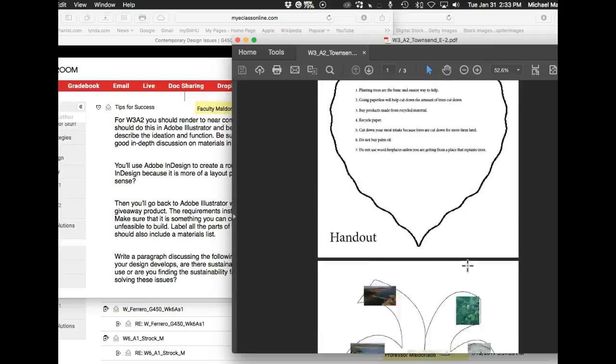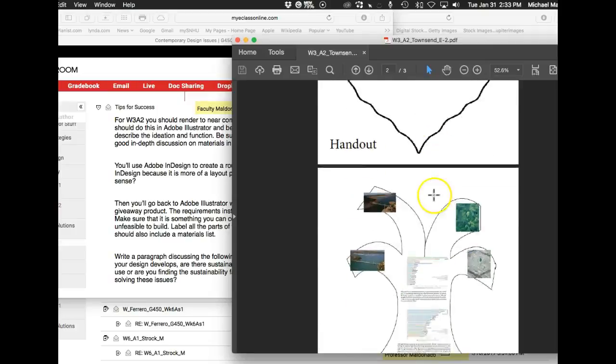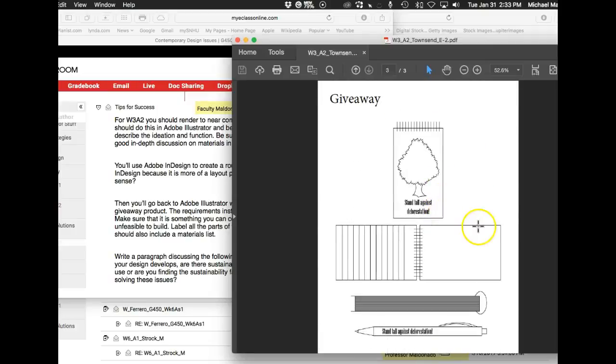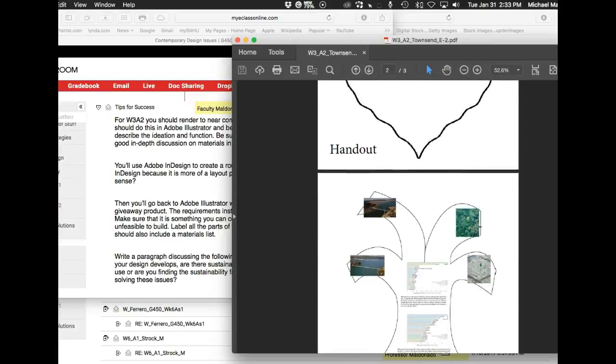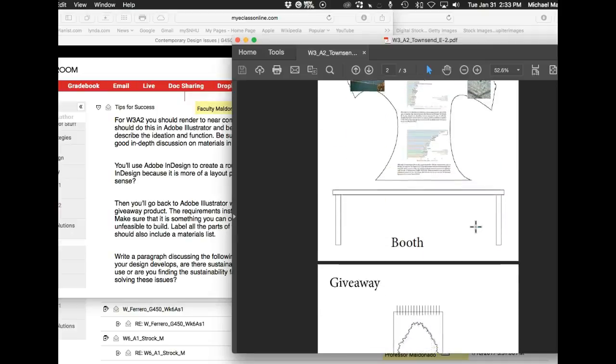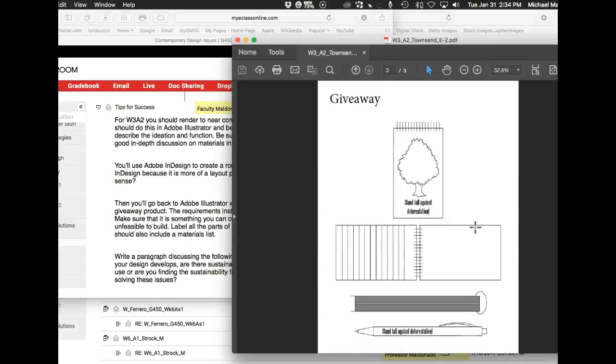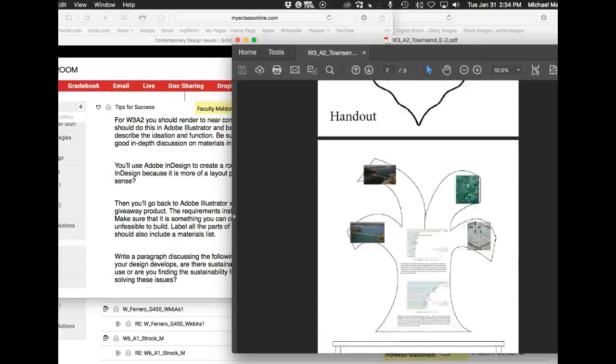And right here, this is all we have. Handout, booth, giveaway. That's it. That's all we have. So I think we're really setting the viewer up at a disadvantage because the viewer just doesn't have enough information here to understand what they're looking at.